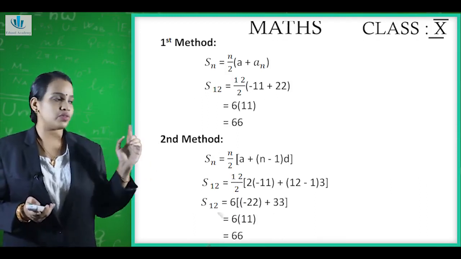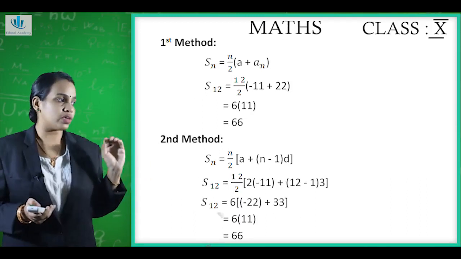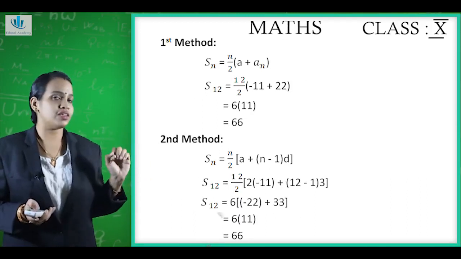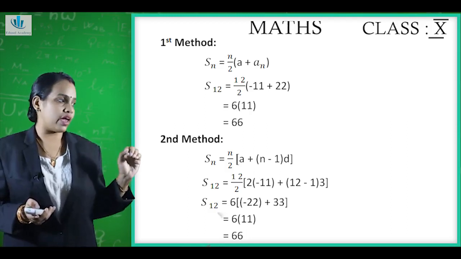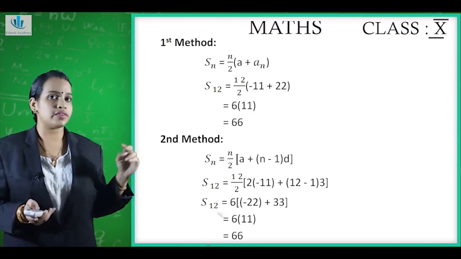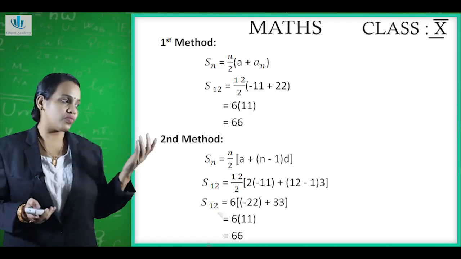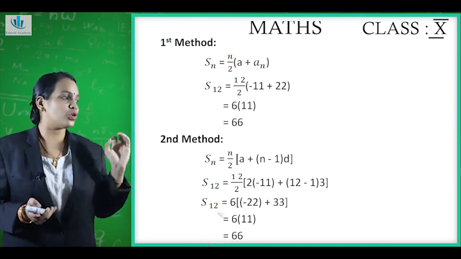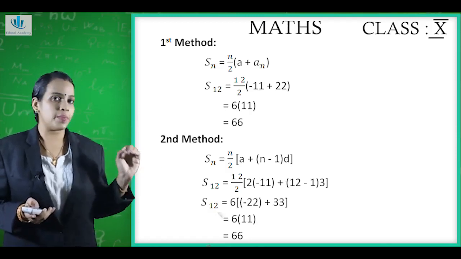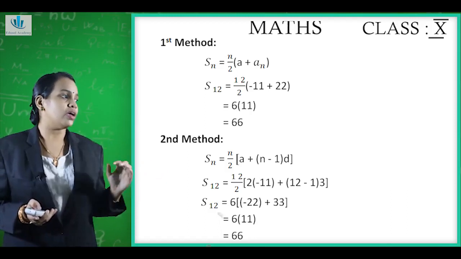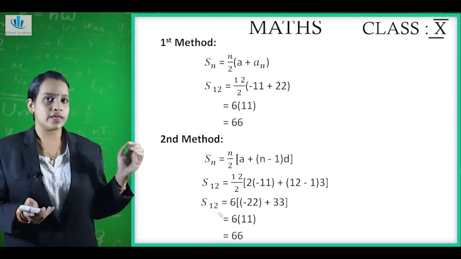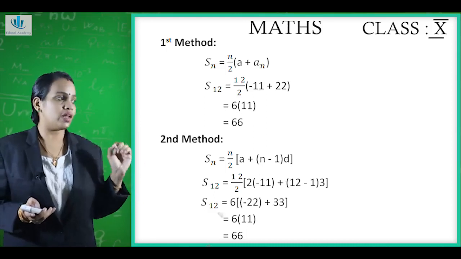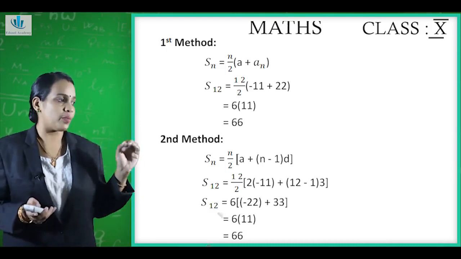The first method is to put the formula Sn is equal to n upon 2 into a plus an. The second method is the formula Sn is equal to n upon 2 into 2a plus n minus 1 into d. Now we will put the values in the first method. The number of terms is 12, so S12 is equal to 12 upon 2.